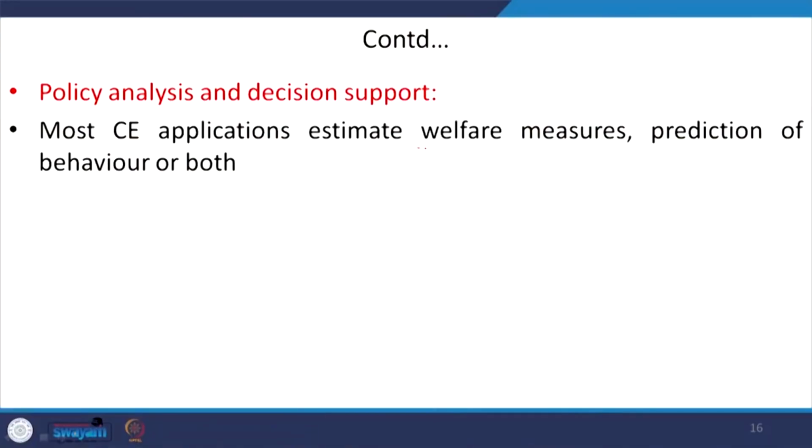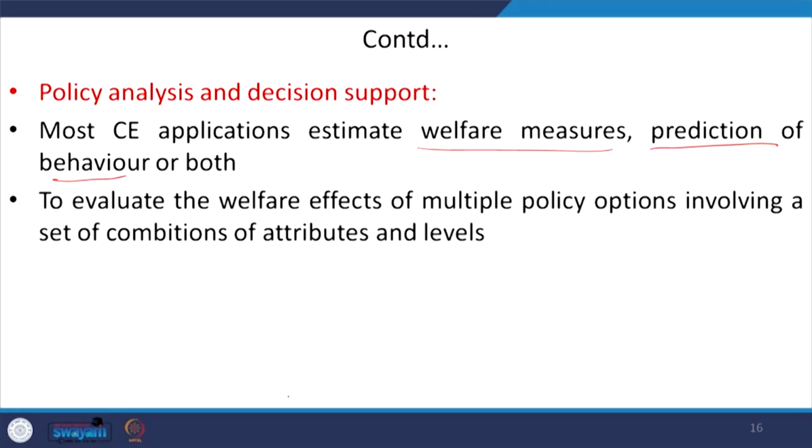And most of these choice experiment applications estimate the welfare measures, right, how individuals are better off or worse off in case of a policy change. They also estimate predictions of behavior, how behavior changes in case of this policy change, or even both the welfare measures as well as the prediction of behavior.